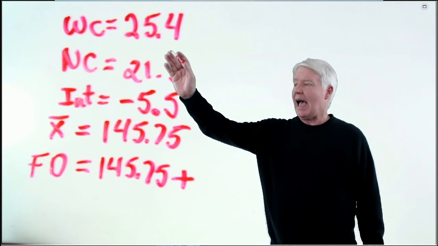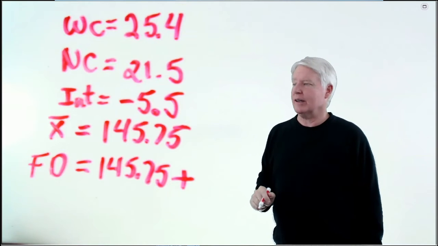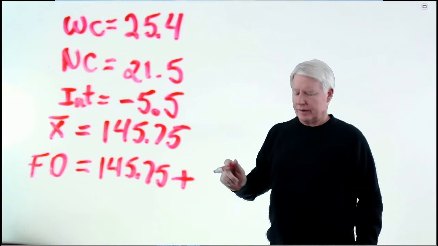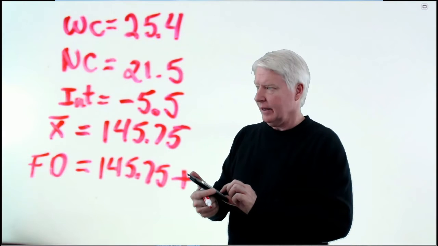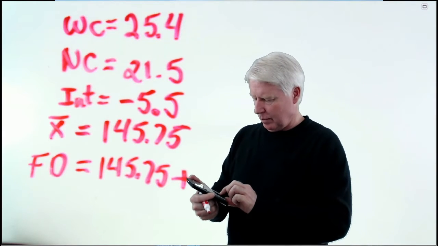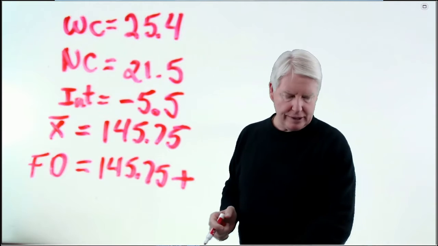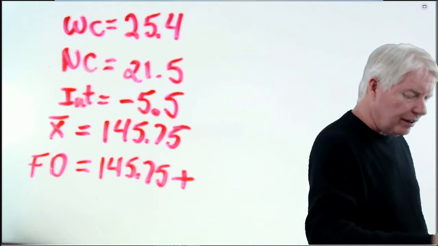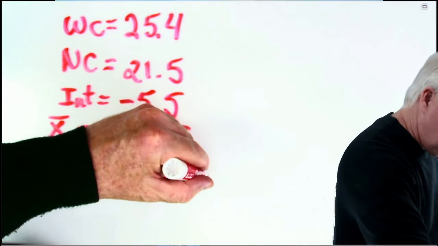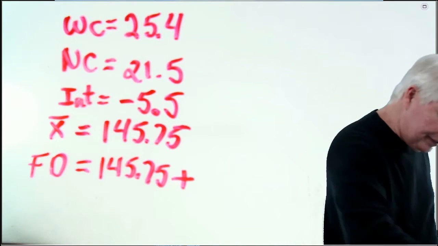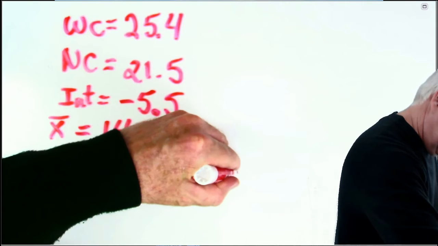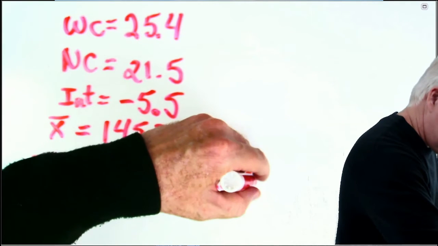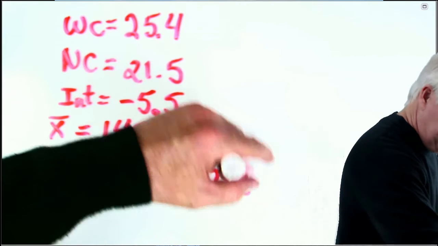I'm not going to multiply it by any x because that's my Y-intercept. Plus half my wing condition effect, half of it. So let's pull out my calculator, make sure I don't make a mistake here. 25.4 divided by 2 equals 12.7. So the first coefficient for the wing condition is going to be 12.7 times the wing condition.